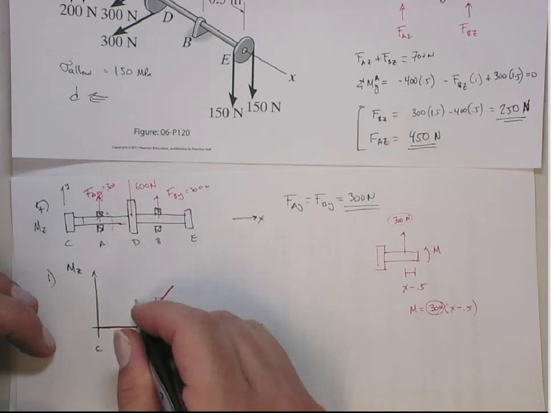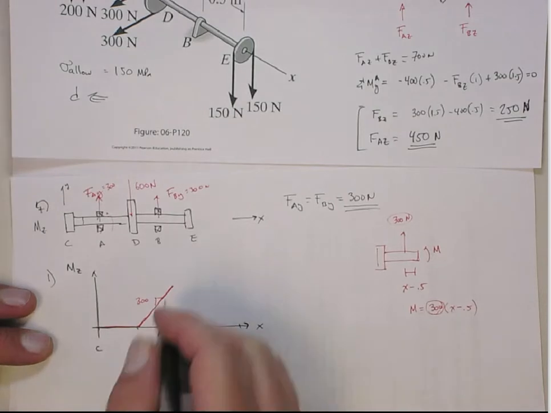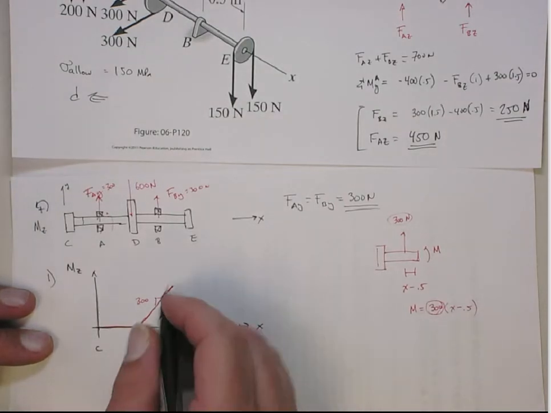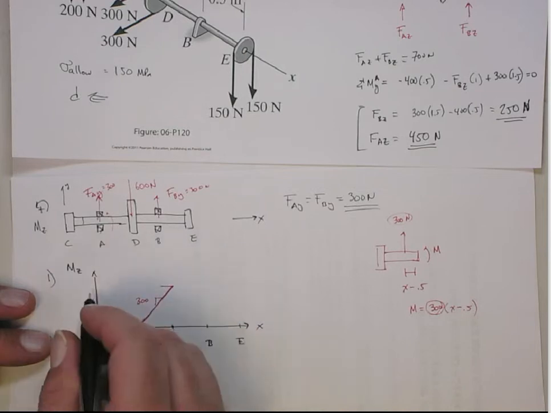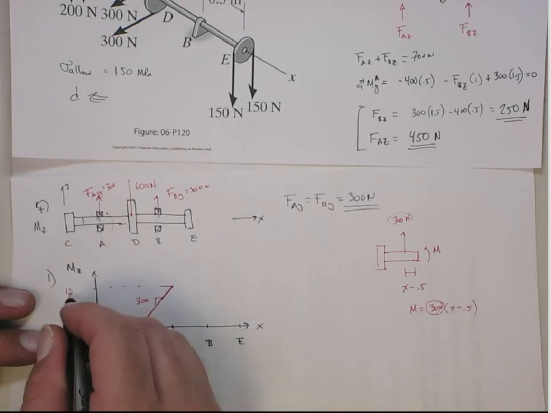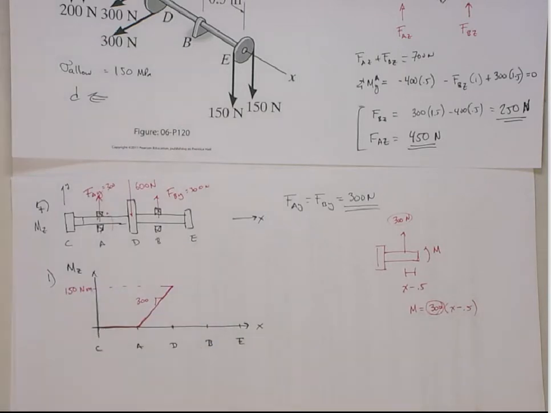So this is 300. So that means if we go half of a meter, this will go up to the value of 150 Newton meters, right? That will be the moment at that point. All right.